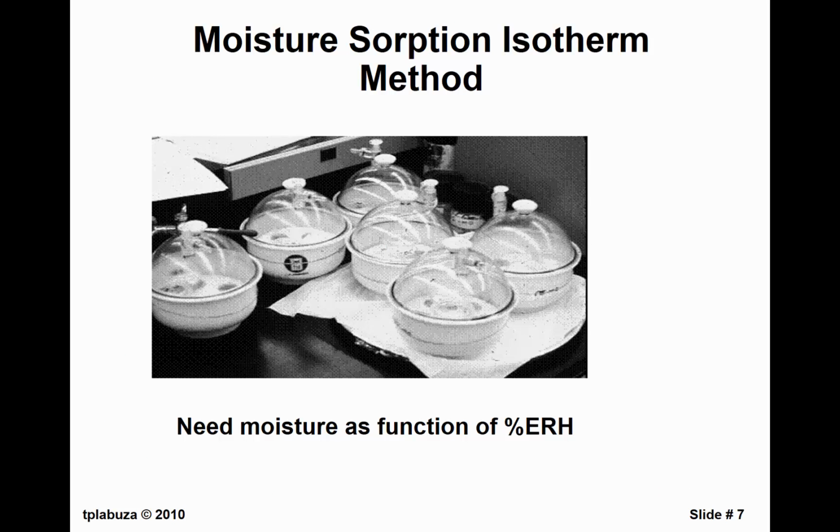So, if we're dealing with most foods, we're going to want to have a moisture sorption isotherm, so we make chambers that have different relative humidities. We put products in there, let them equilibrate in there. We take them out and measure their moisture content, and we can get that curve of moisture versus equilibrium relative humidity or water activity.